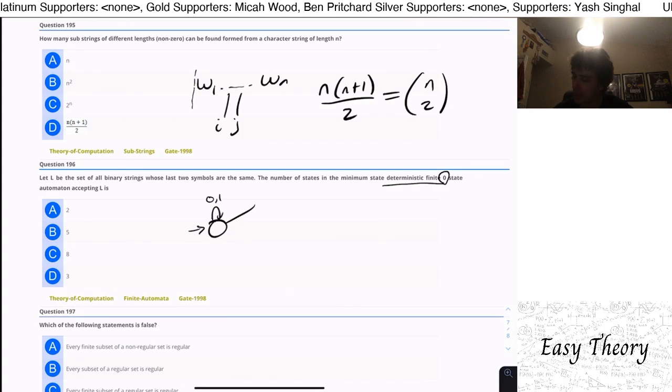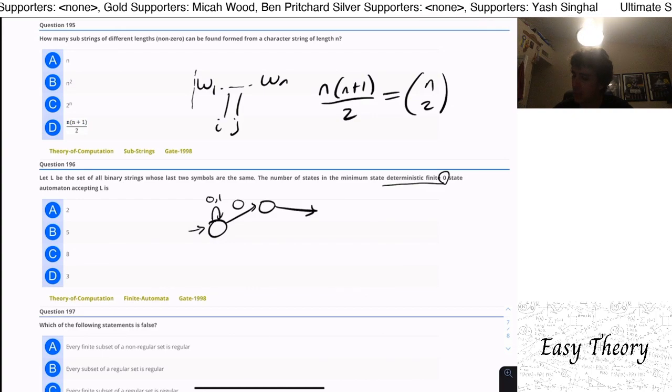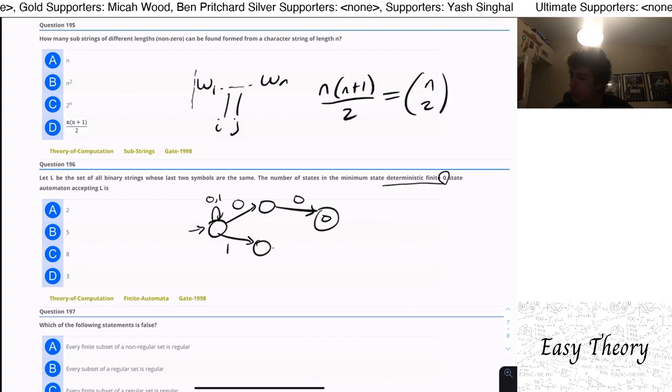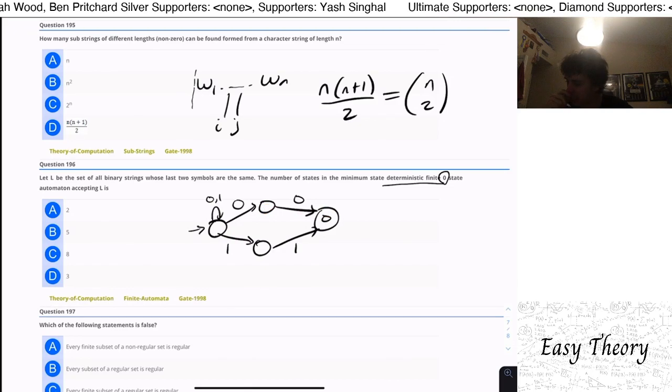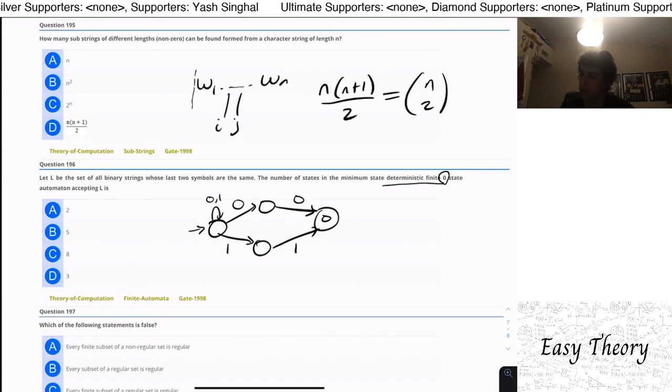So let's try. If we had something like this, then we need to have a different path here, because if I join the path, then I would accept 1, 0 here, which is not allowed. Oh, it does say deterministic. Okay, I didn't see that.